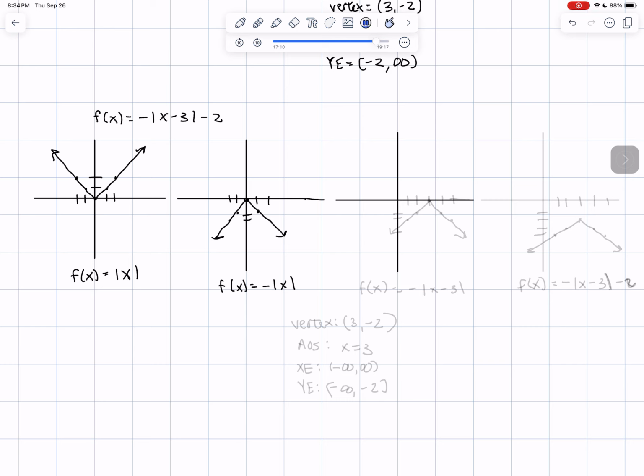I'm just going to copy this again because it makes it a lot easier. So our horizontal shift, positive 3. So it means if it's negative 3, it's going to have to go positive 3. So 1, 2, 3. So same thing as the last one.